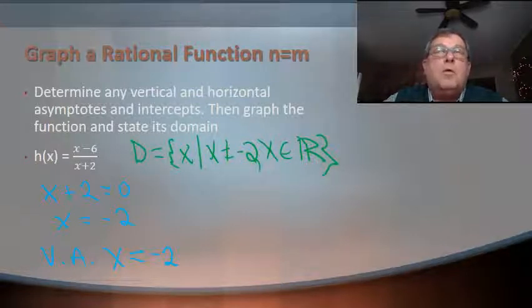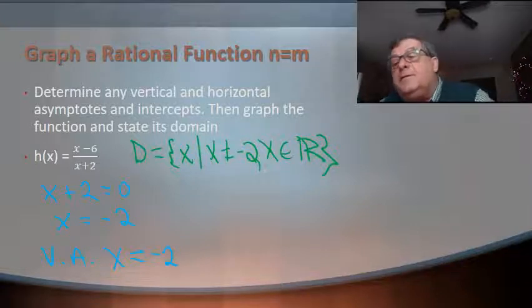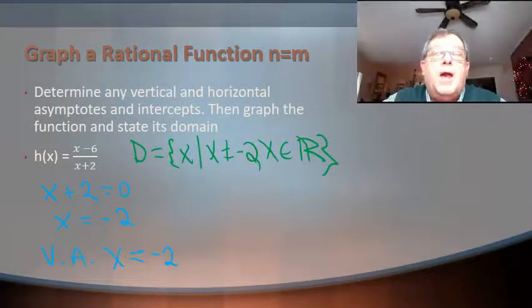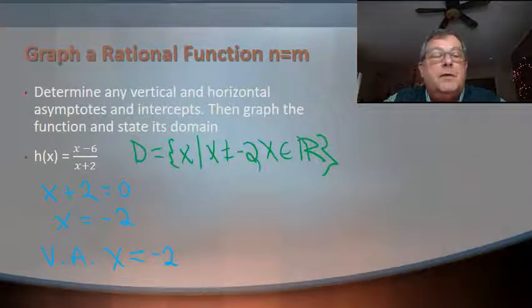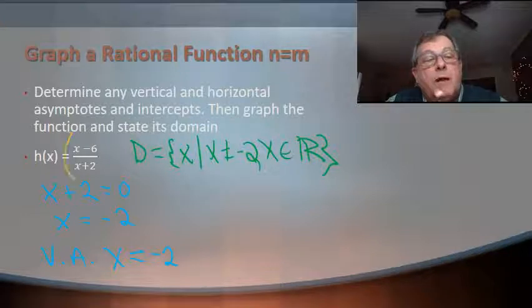Now, of course, I go to my horizontal asymptote rule, which states that if the highest power of the numerator is equal to the highest power of the denominator, which is what I see right here, I've got x to the first power over x to the first power, and even though I don't see a 1 there, I can assume that a 1 exists.